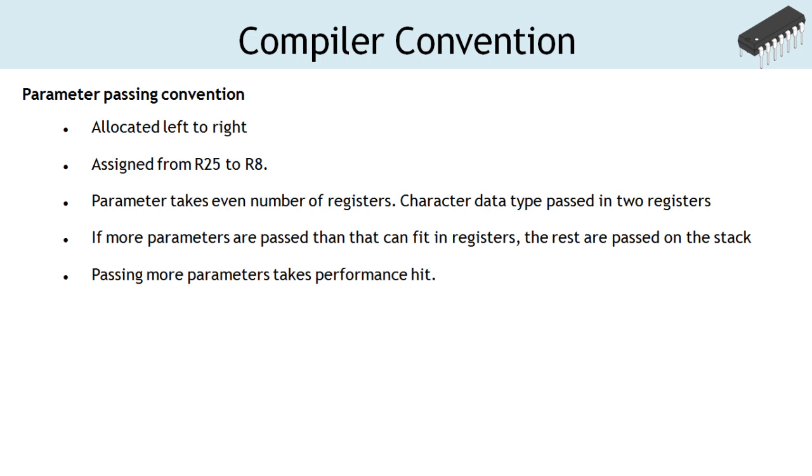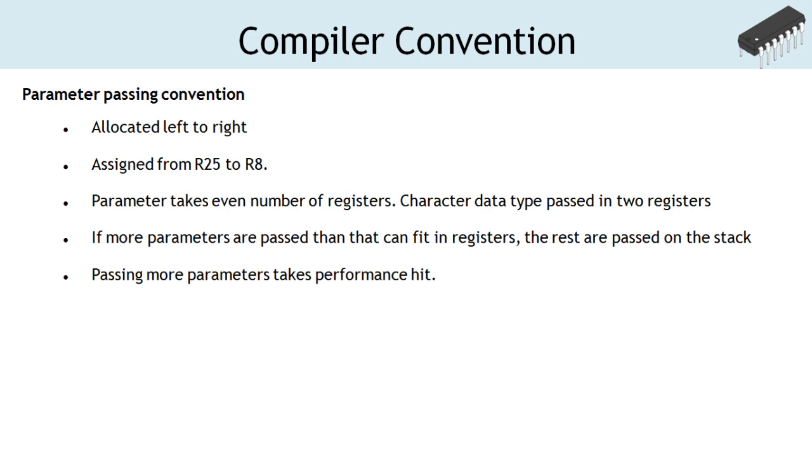Two registers are used to pass the parameter of type integer, and four registers are used to pass the parameter of type long. If the number of parameters passed doesn't fit in the register R25 through R8, the stack is used to pass the parameters.